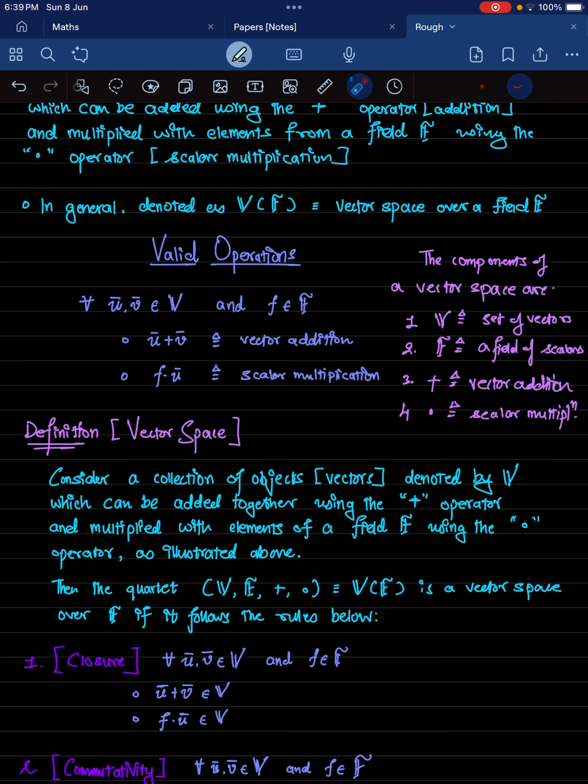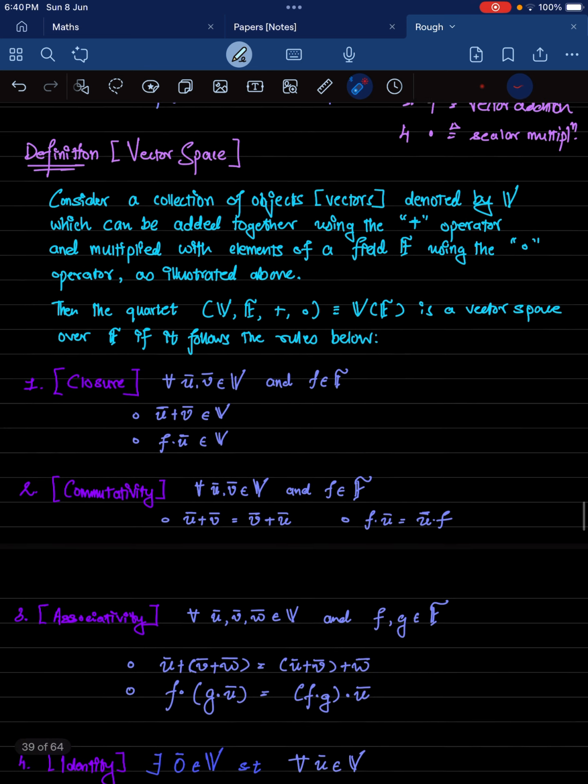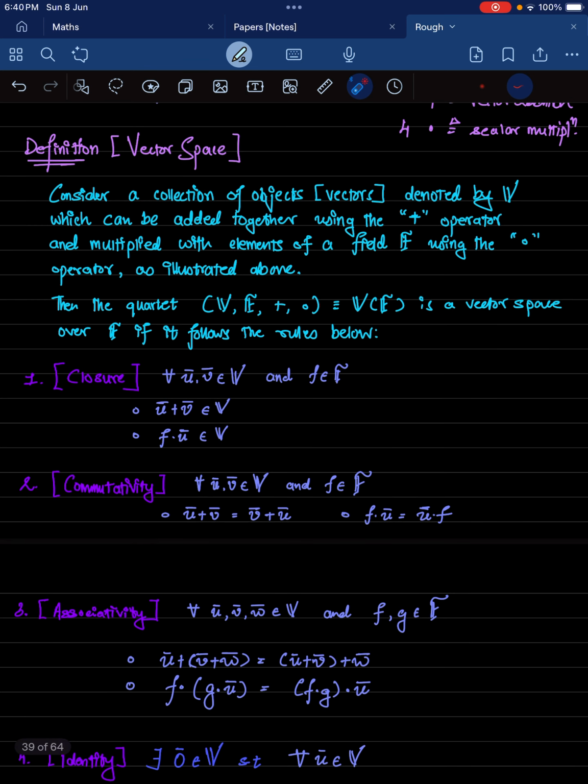Okay, now let's move on to the definition. As I said before, a vector space is a quartet, also denoted as V of f, and it is only a vector space if it follows the rules that are given below. So just like fields, even vector space has 6 rules, and the first of them is closure. In fields, closure was a plus b belongs to f, and a times b belongs to f.